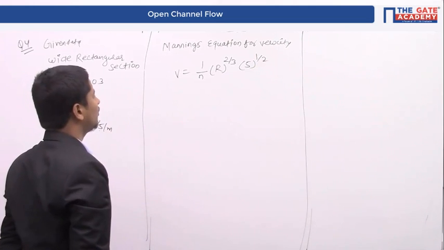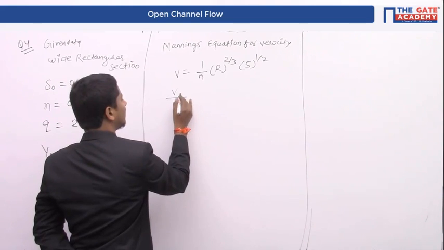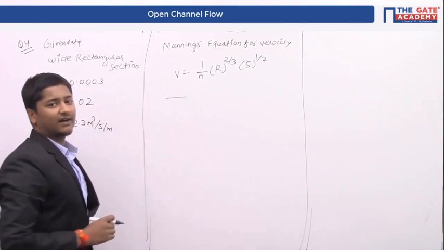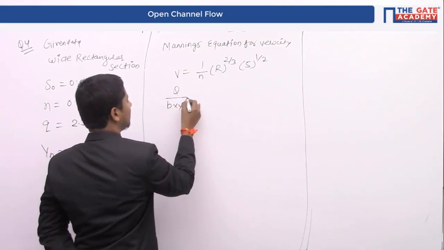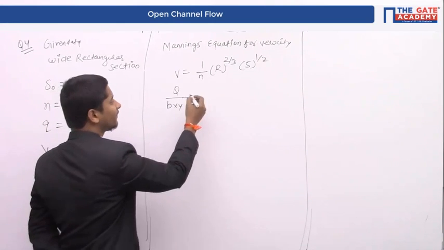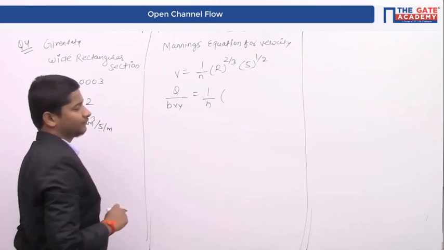You know about Manning's equation. So V is basically something. In place of V, what can I write? V is Q upon B into Y, Q upon area I can write. n will be n only. R in place of R.